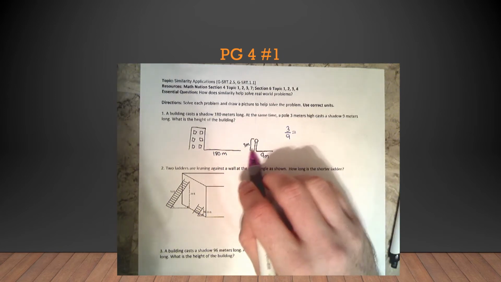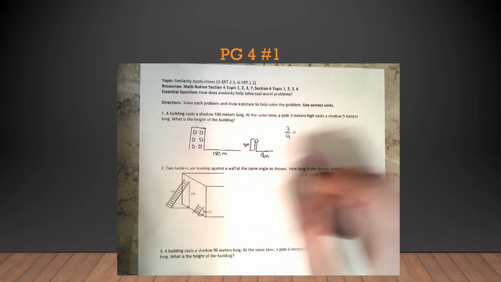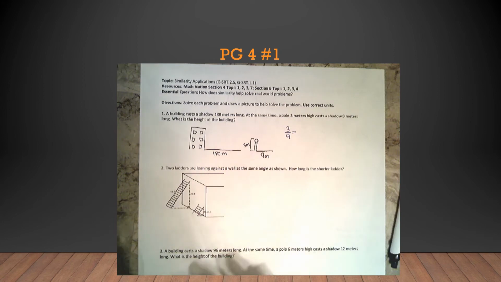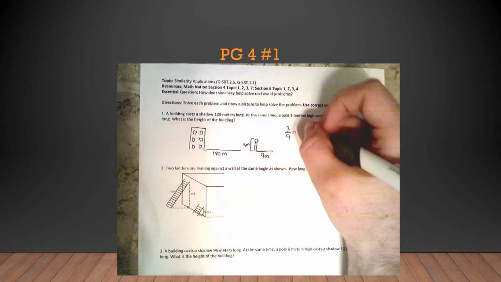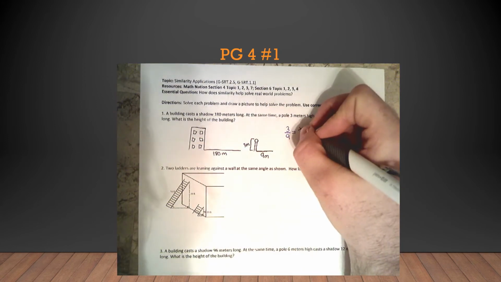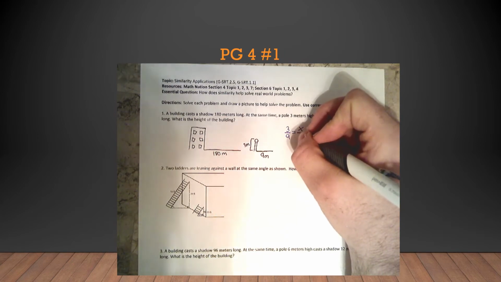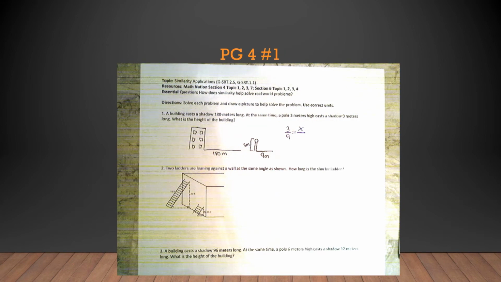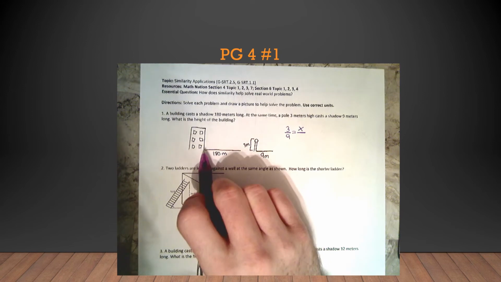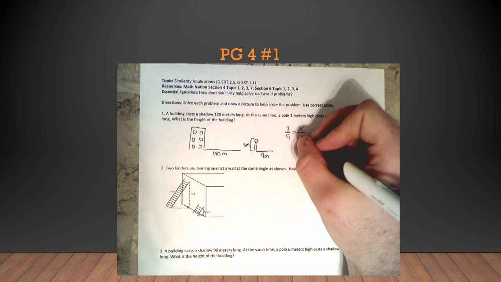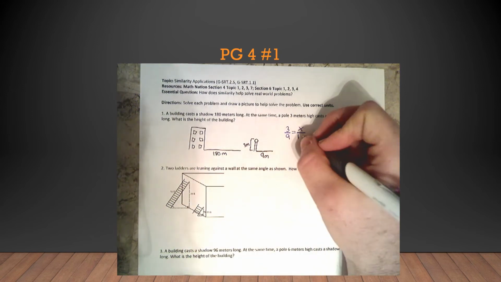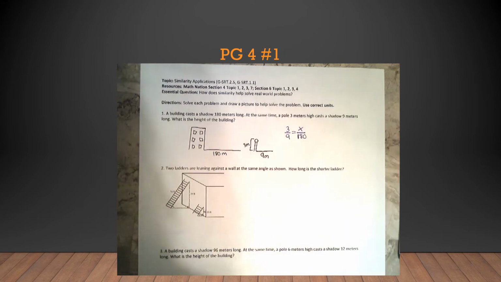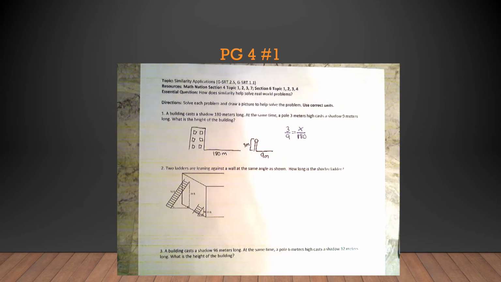The 3 came from the height of this small pole. Since I don't know the height of the building, I'm going to make the variable x. Now, I do know the length of its shadow, though. The length is 180 meters. So now I have set up an equation where I can start trying to solve this.